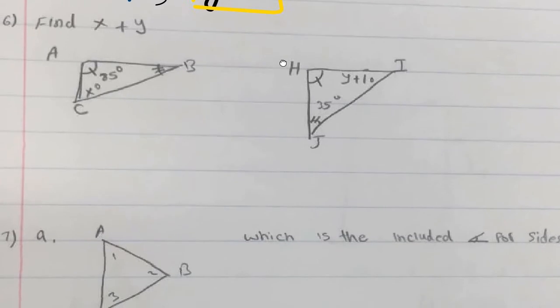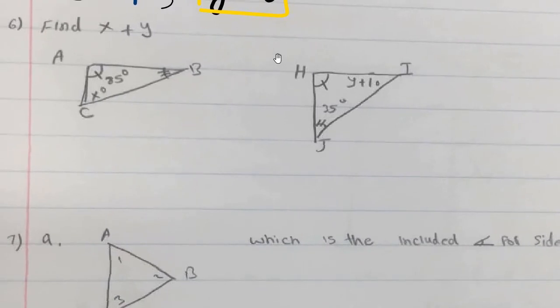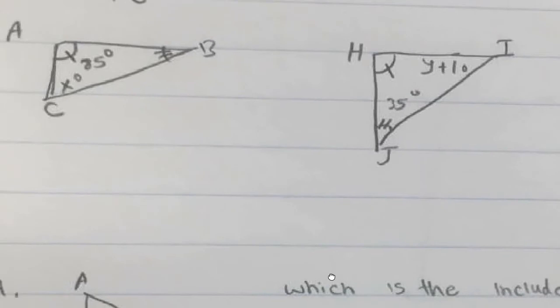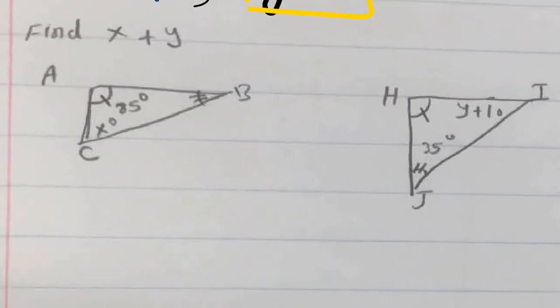Once again, down here, we're told to find the value of X and Y. And what we notice is we have two congruent sides. One congruent side with the one hatch mark, and two congruent angles.